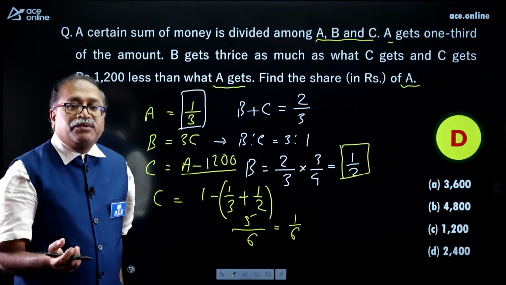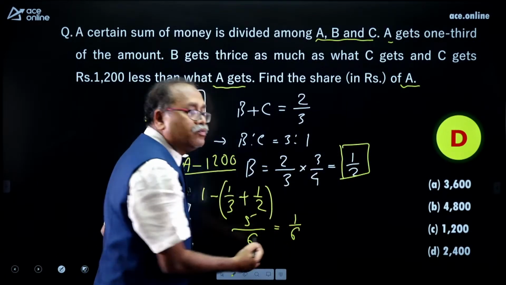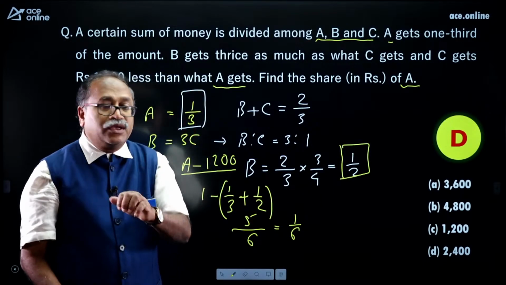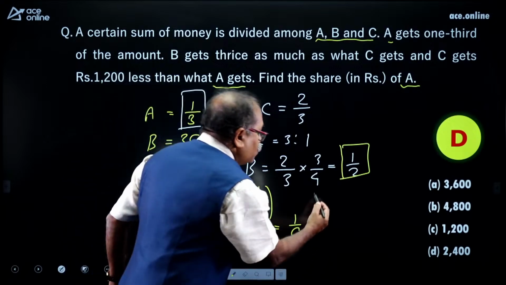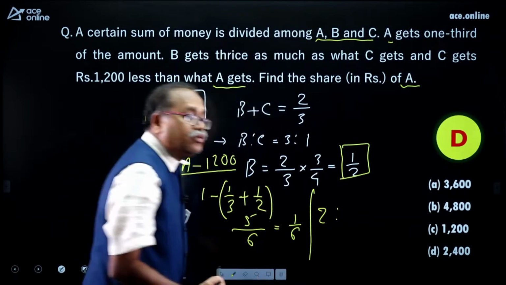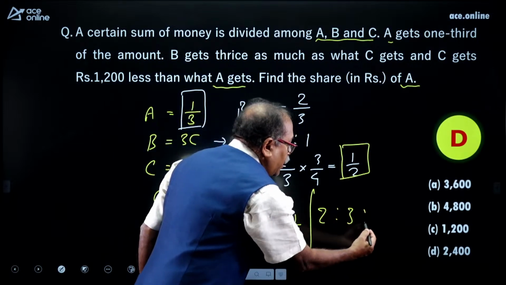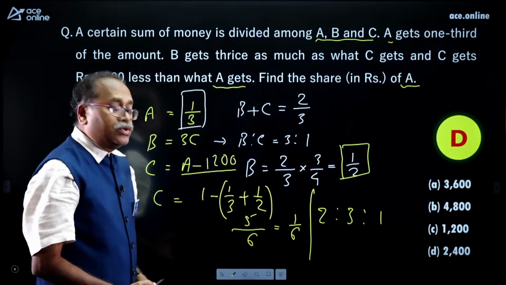So the ratio of A, B and C is 1 by 3, 1 by 2, 1 by 6. I take the LCM of 3, 2 and 6, which is 6, and multiply with 6. For A it is 2, for B I get 3, and for C I get 1. That's the ratio.